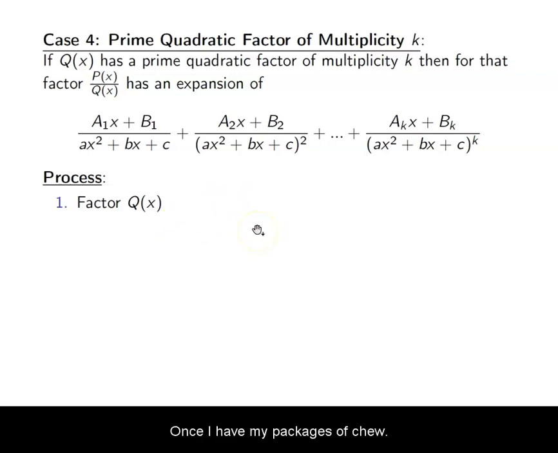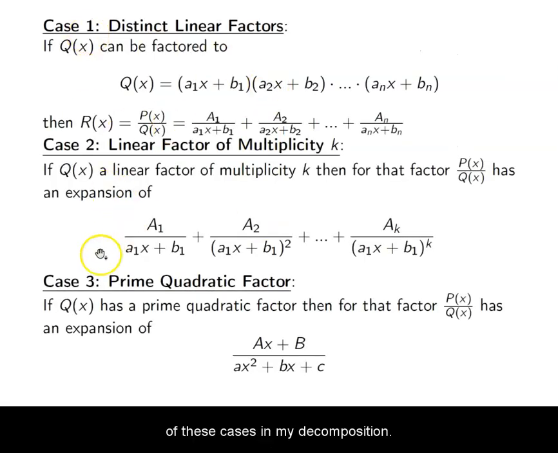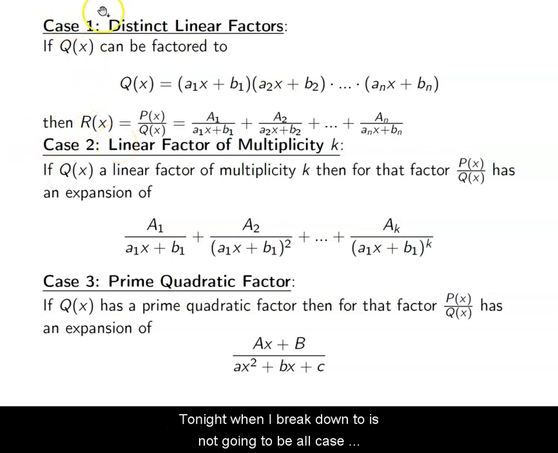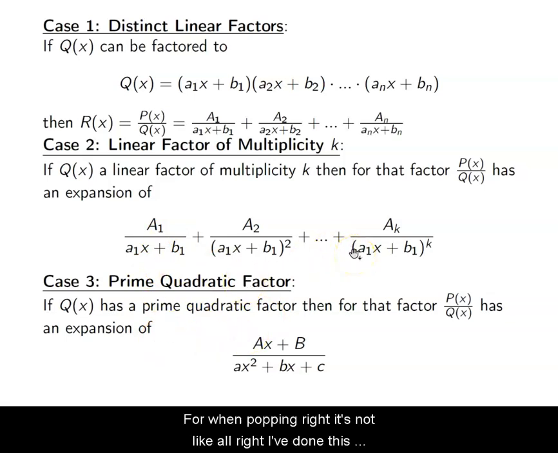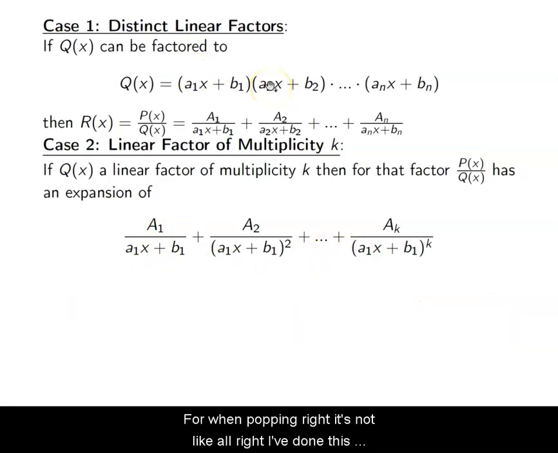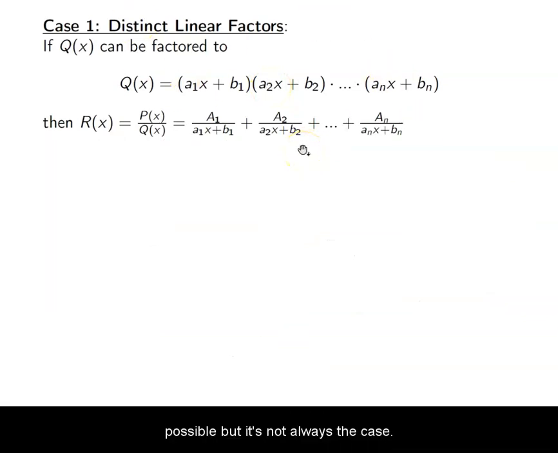Once I have my factors of q, I look at each case. It could be possible that I have to use every single one of these cases in my decomposition. When I break down q, it's not going to be all case 1 and all case 2 and all case 3 and all case 4 for one problem, right? It's possible, but it's not always the case.